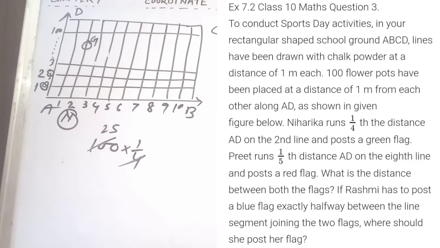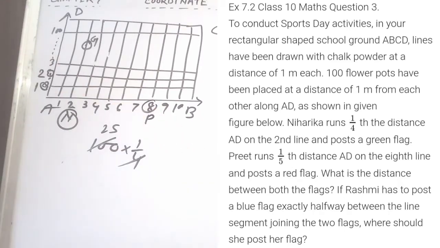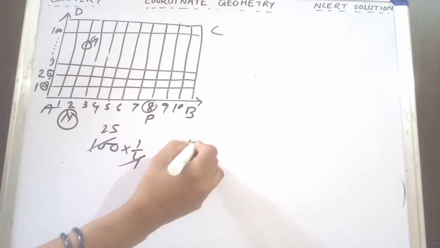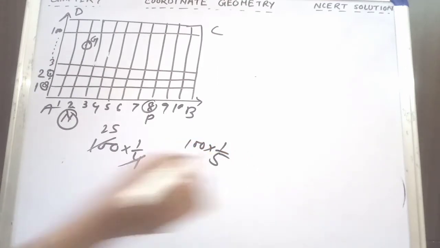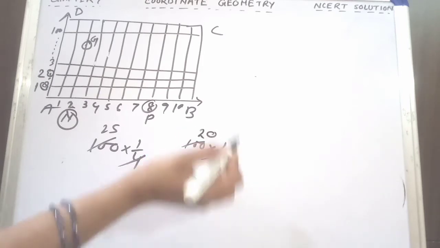Preet runs 1 by 5th of the distance AD on the 8th line. That means here Preet covers the distance 1 by 5th of the distance AD, that means 20.